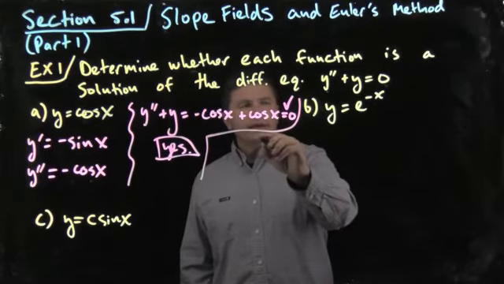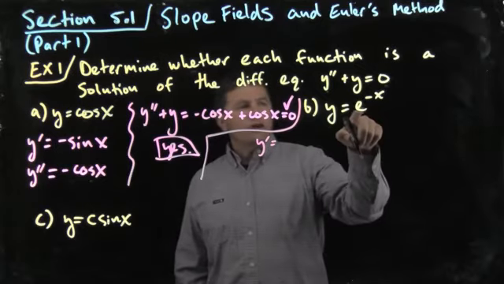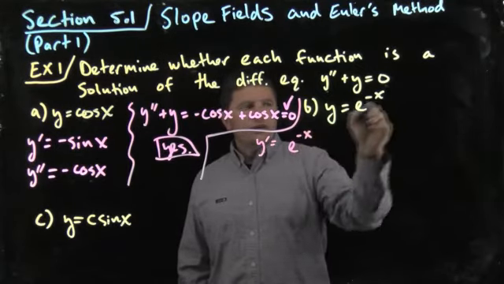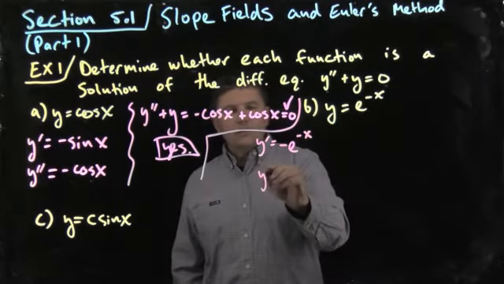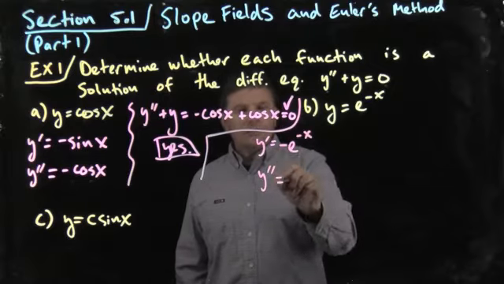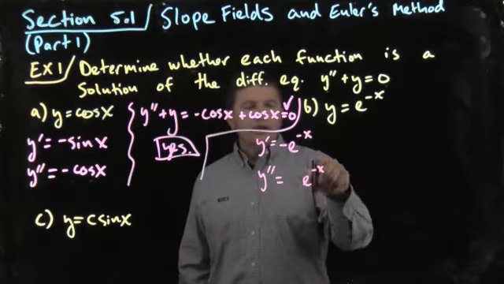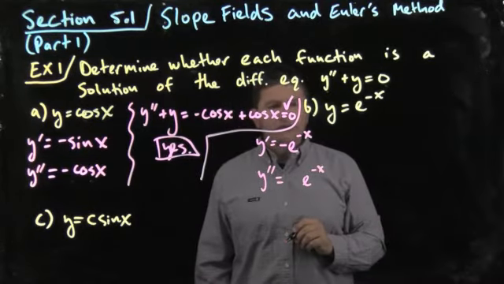So I'm going to find y prime. So y prime, don't forget chain rule. The derivative of e to the blob is e to the blob. Take the derivative of the negative x, that's negative. Okay, and now we're going to take the derivative of this. So this time, we have that negative out front, so when I do e to the blob, and then I take the derivative of the blob, I get negative, negative, so that gives me a positive here.